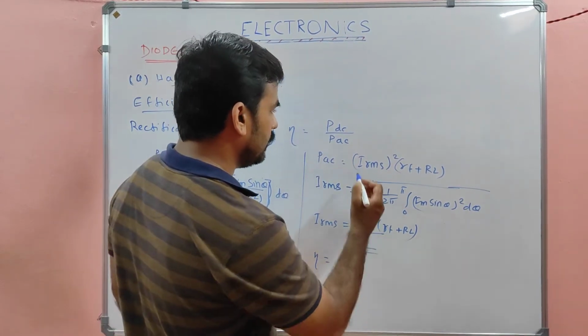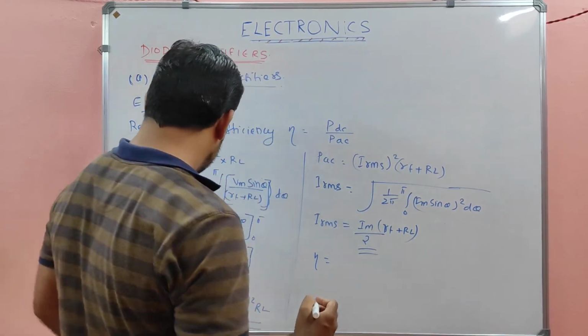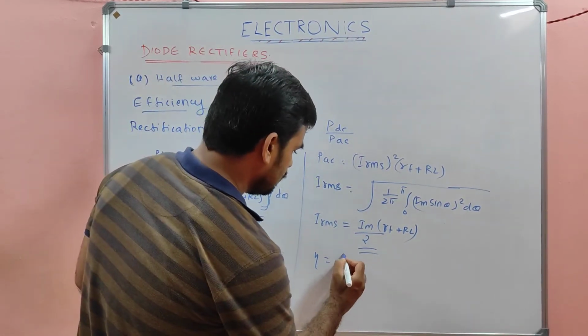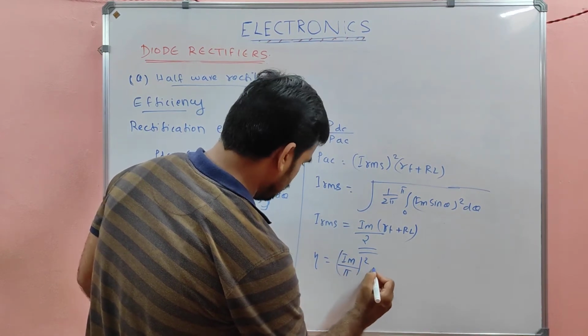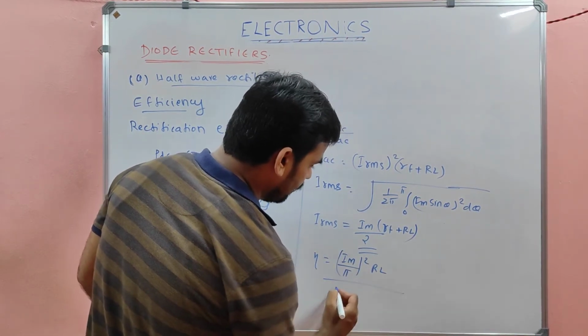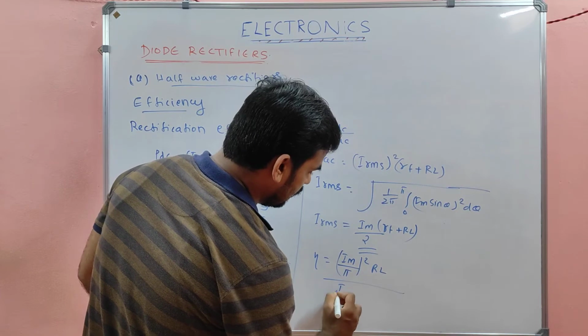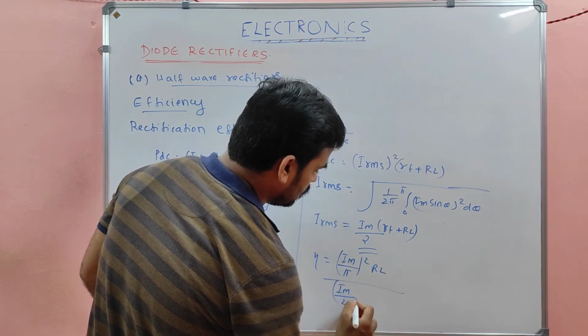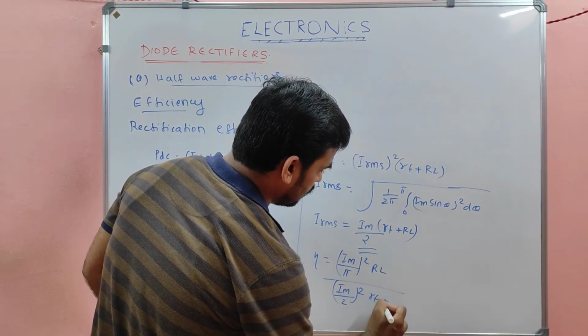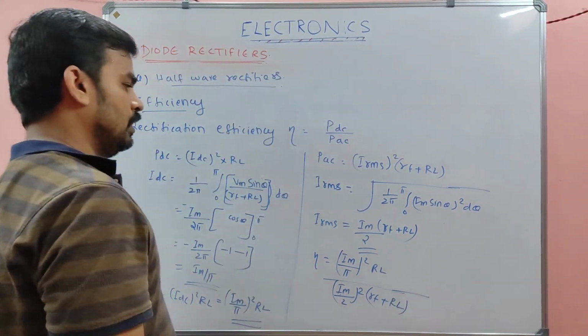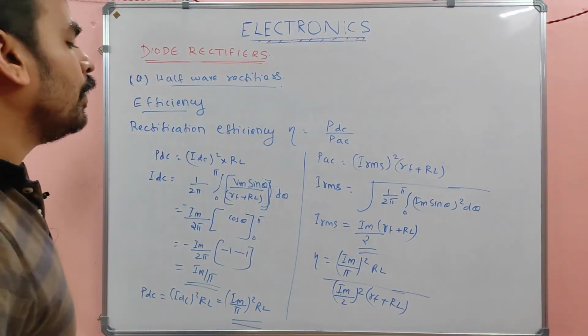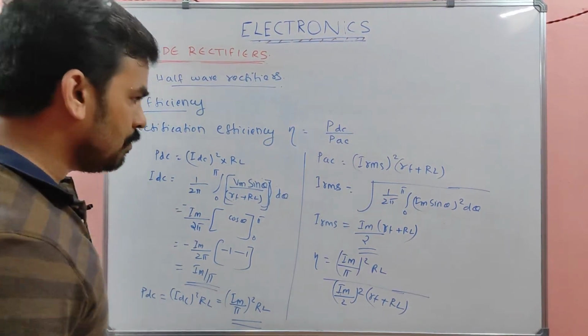PDC is nothing but (Im divided by pi) the whole square into RL, whole divided by (Im divided by 2) the whole square into (RF plus RL). Am I right?